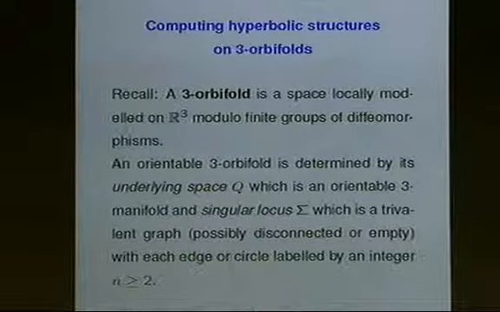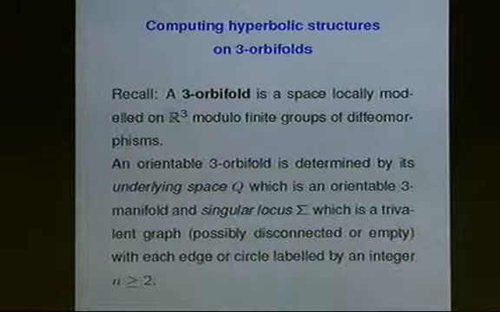In dimension 3, an orientable 3-orbifold is completely determined by giving an underlying topological space, which I'll call Q. This will be an orientable 3-manifold. Inside this you have a graph, which is the singular locus, which corresponds to points which are fixed by elements in these finite groups.